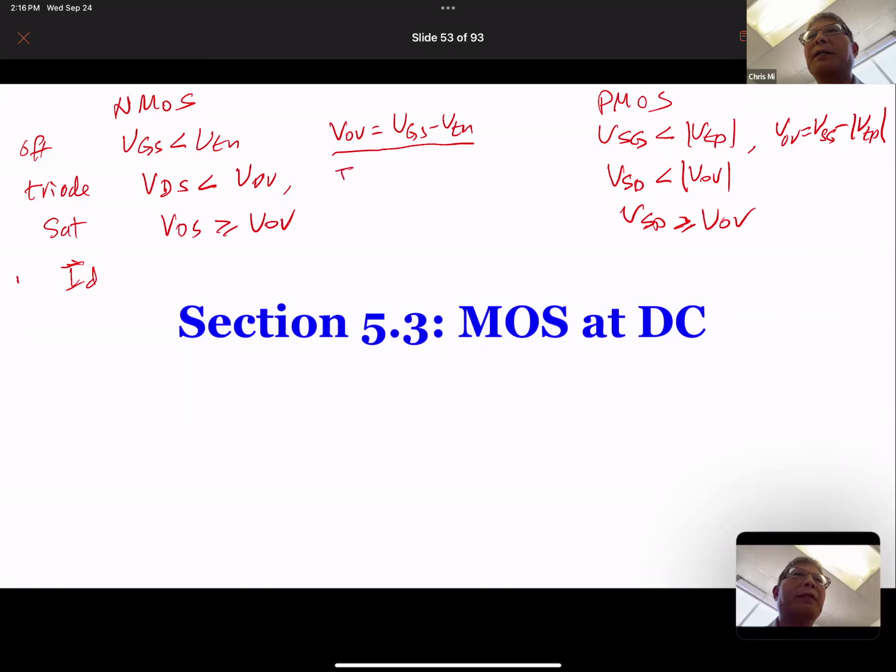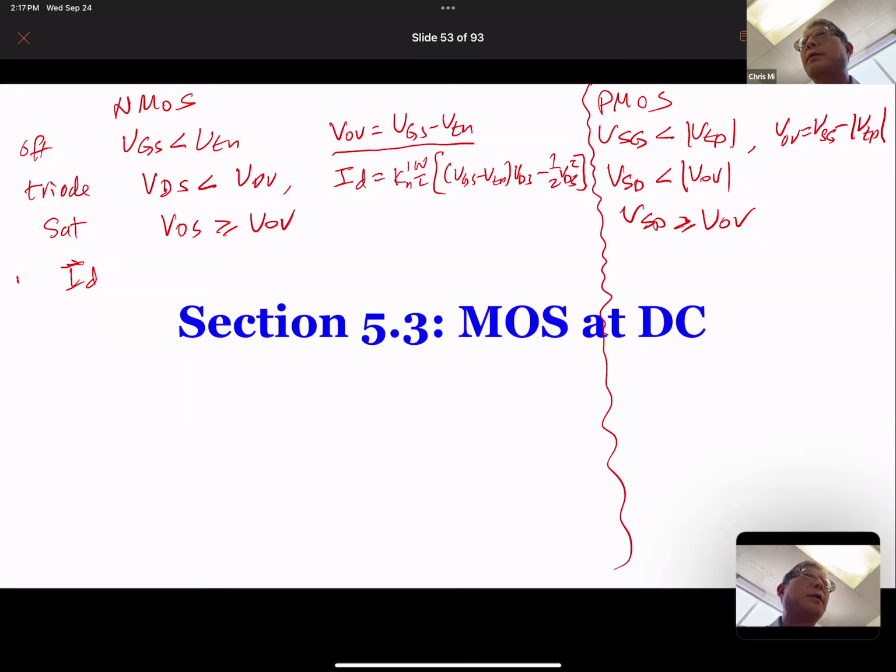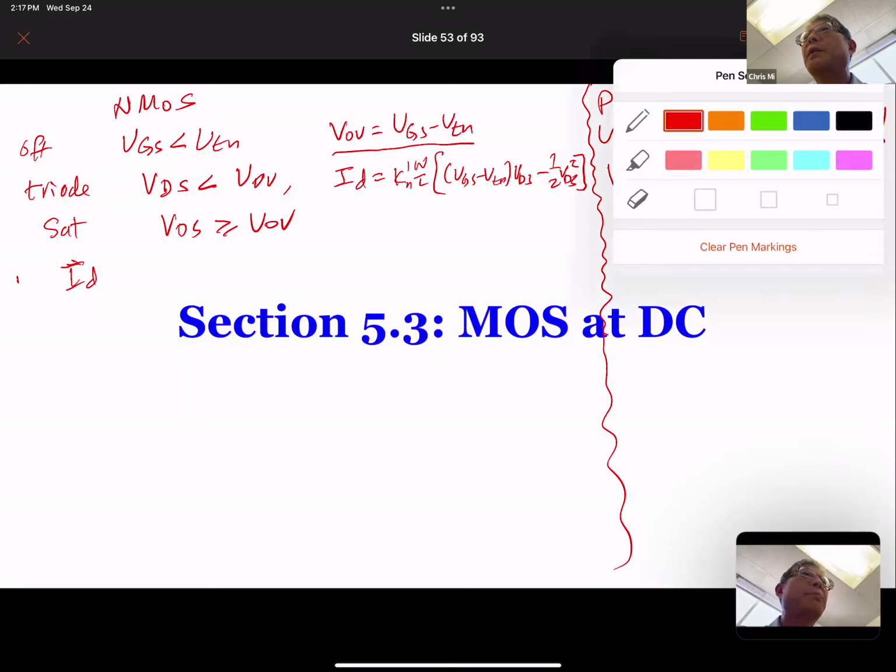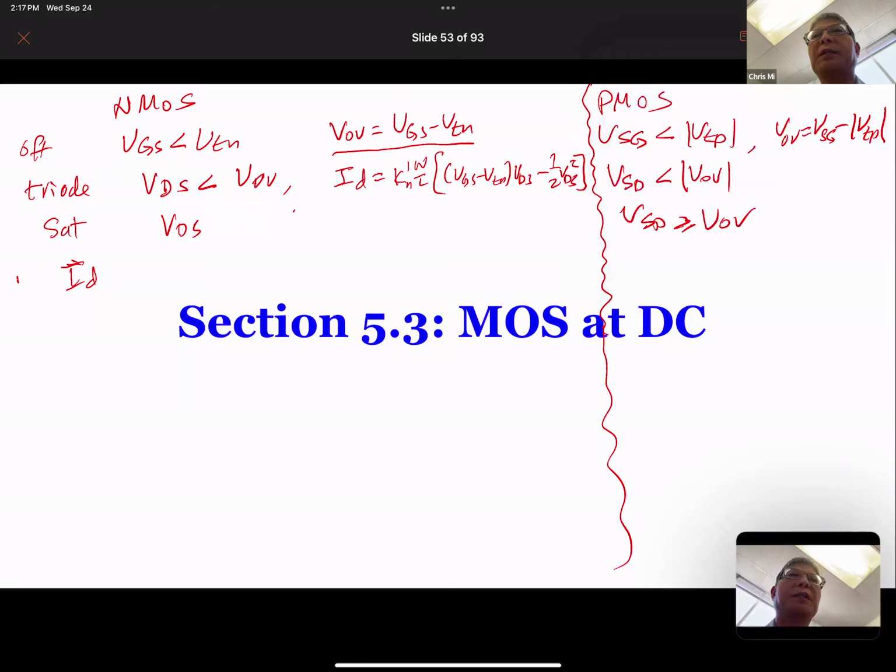let me write down here. So in the triode mode, ID equals Kn prime W over L times (VGS minus VTN) VDS minus 1/2 VDS squared. And let me actually move this saturation down a little bit so that we get a better picture.